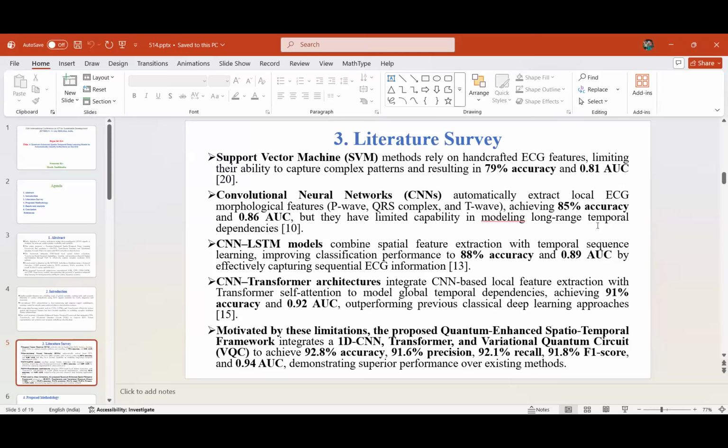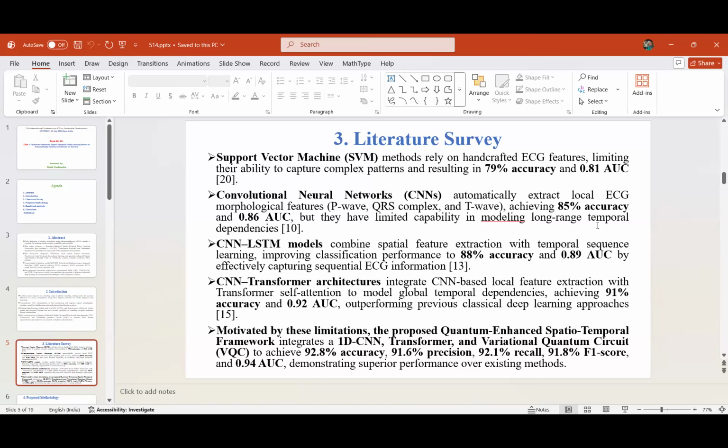Some hybrid models, CNN and LSTM, are used for spatial feature extraction and temporal sequence learning, and they improved classification accuracy up to 88%. Now coming to CNN and transformer models, they integrate CNN for local feature extraction and a transformer with self-attention for global temporal dependencies.